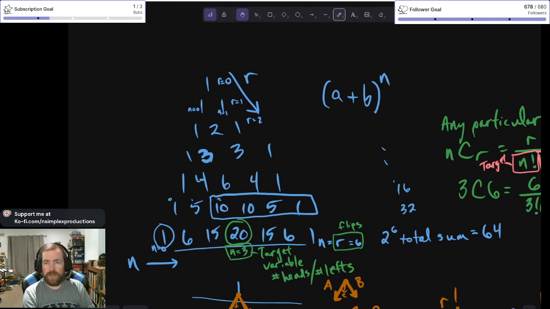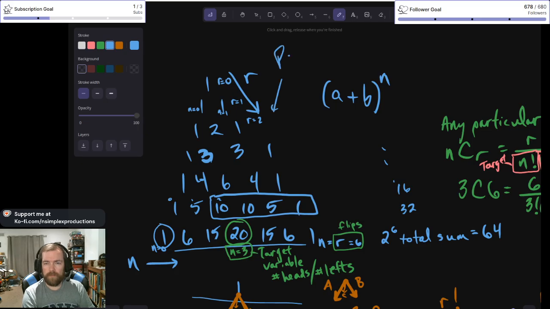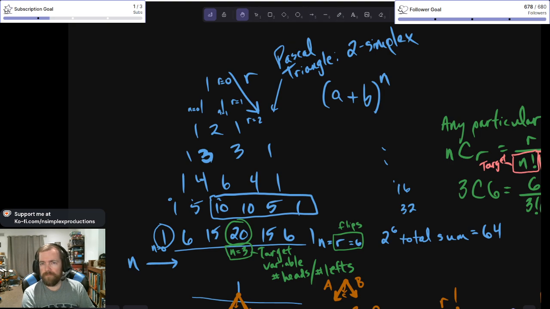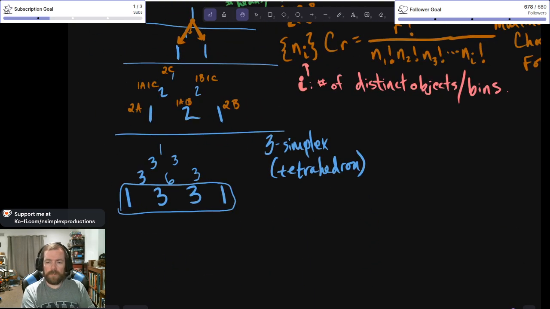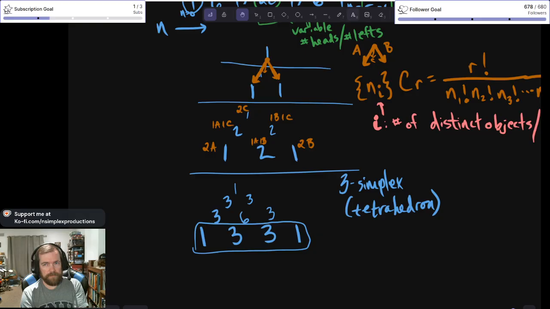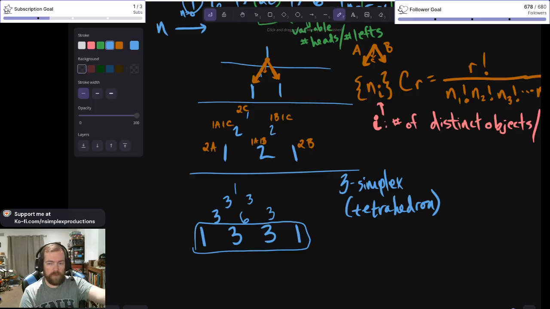Right, the Pascal triangle is the 2-simplex. The tetrahedron is a 3-simplex. And then when we start moving up into higher dimensions, we run out of names pretty quickly. So it's going to be the 4-simplex, the 5-simplex, the 6-simplex, in order to figure out what dimensionality we're using.